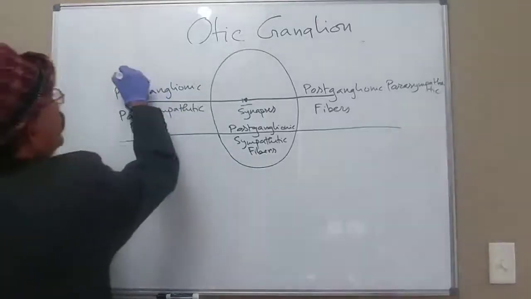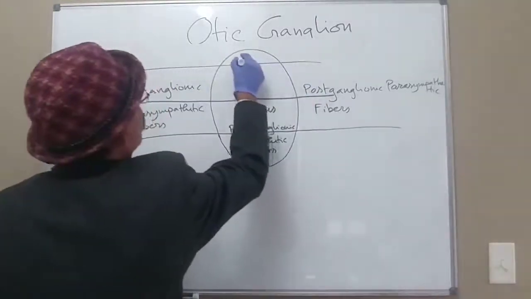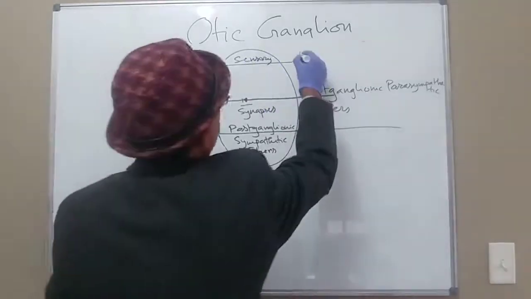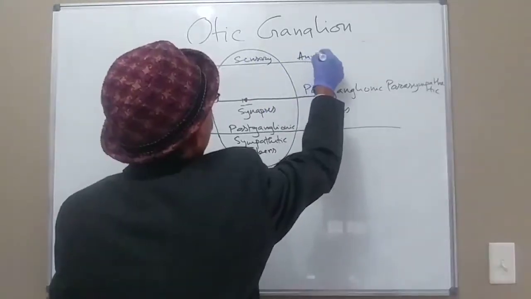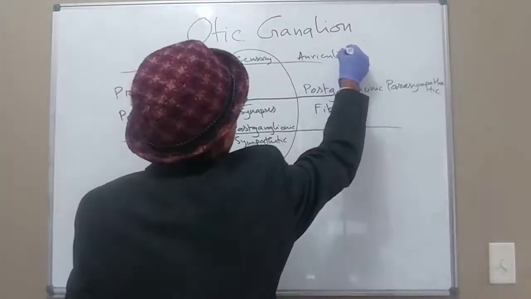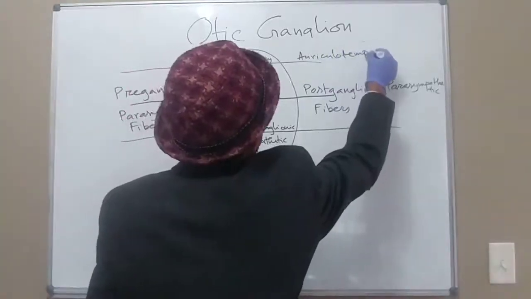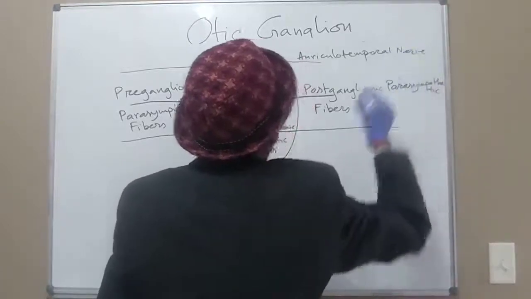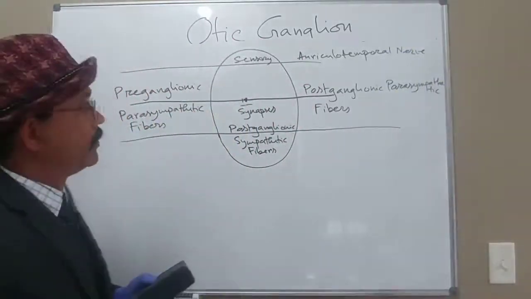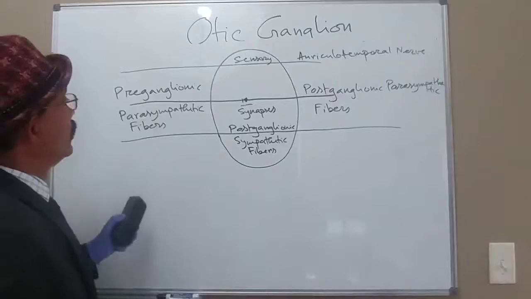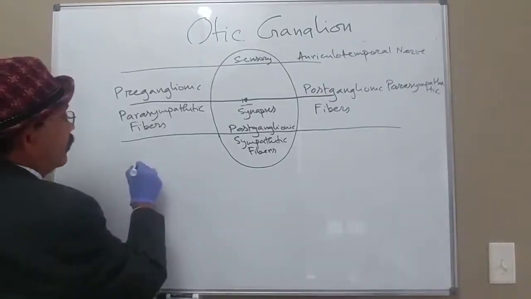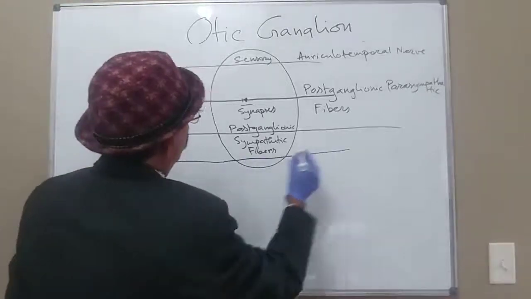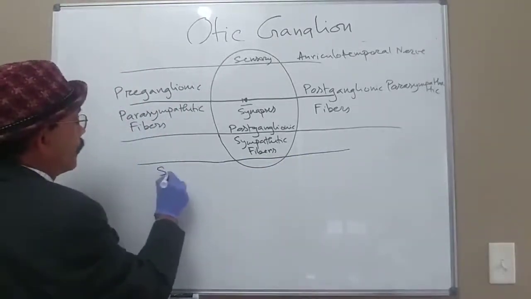We also have sensory fibers. That is provided by the auriculotemporal nerve, a branch of the mandibular nerve. Then we have another group here, especially in the otic ganglion, that is called somatomotor.